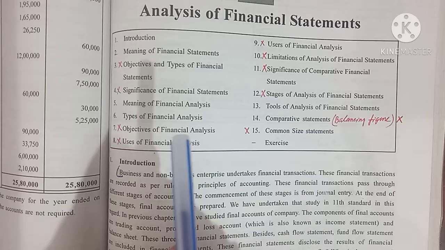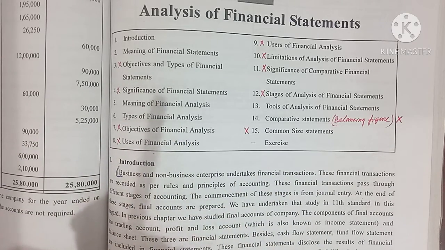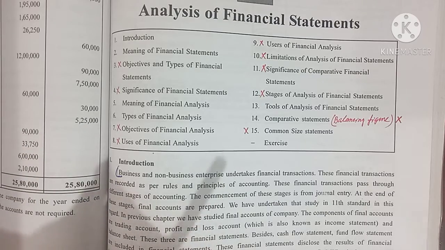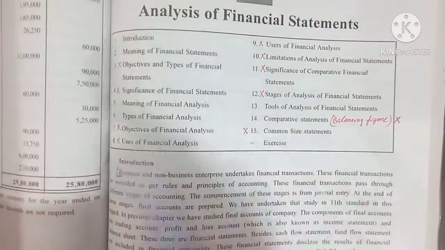We have to discuss that financial statement in detail. We have to compare one item with another item, or one company with another company, or one year with the previous year, or the current year with the previous year. That is called analysis.